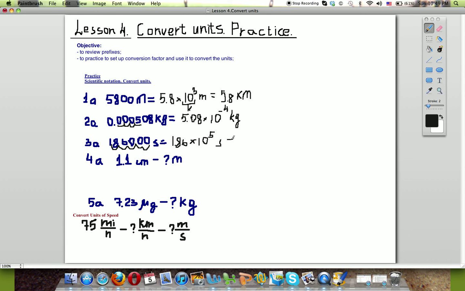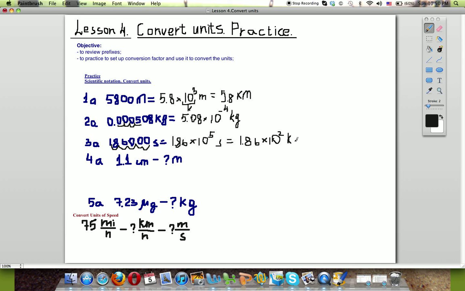There is no prefix that means 10 to the positive 5, but there is a prefix that means 10 to the positive 3. So to keep it in scientific notation, it's going to be 1.86 times 10 to the power of 2, and then we still have 10 to the power of 3, which is going to be kiloseconds.